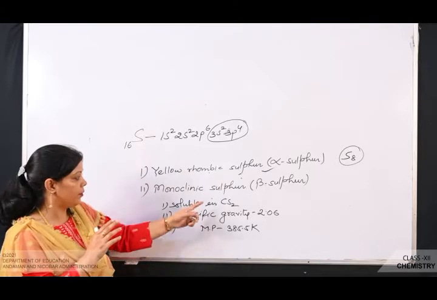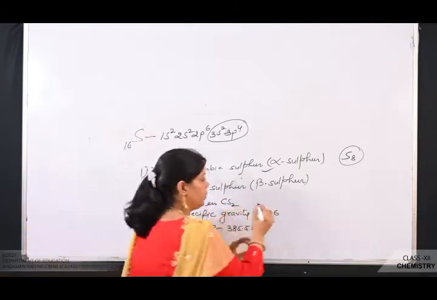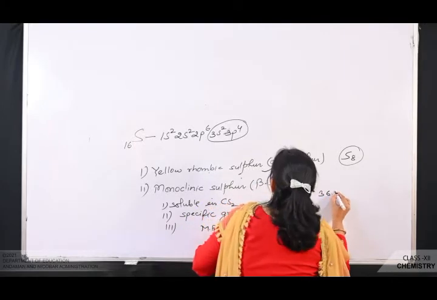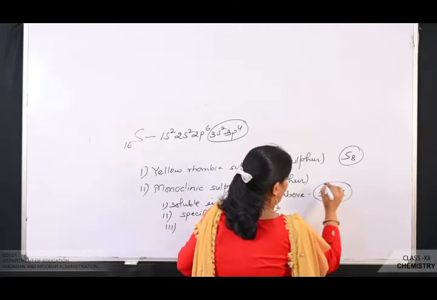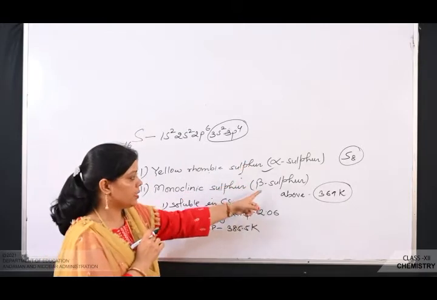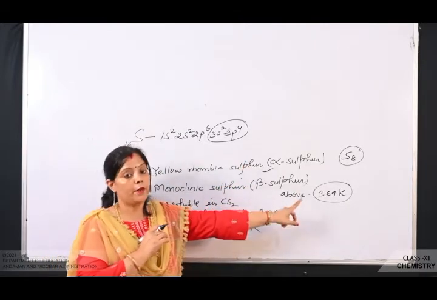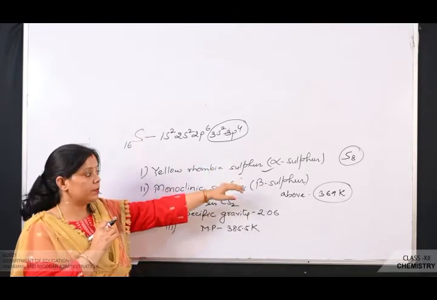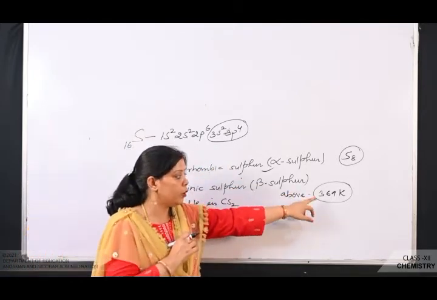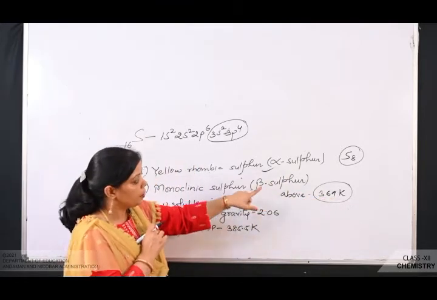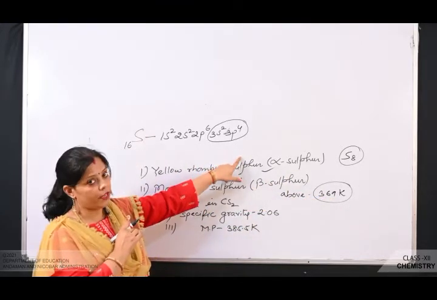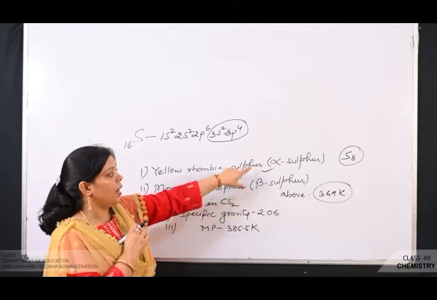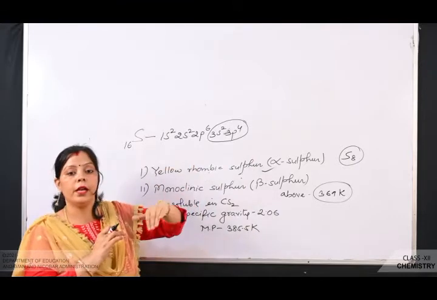Children, beta sulfur is stable above 369 Kelvin temperature, and it transforms into alpha sulfur below it. When we provide a temperature below 369 Kelvin, beta sulfur is converted into alpha sulfur, and alpha sulfur is converted into beta sulfur by heating above 369 Kelvin.